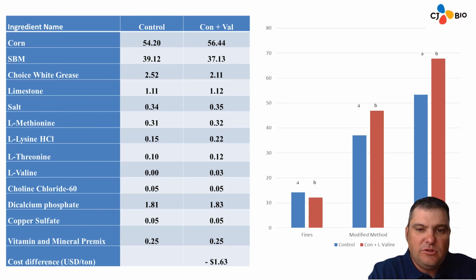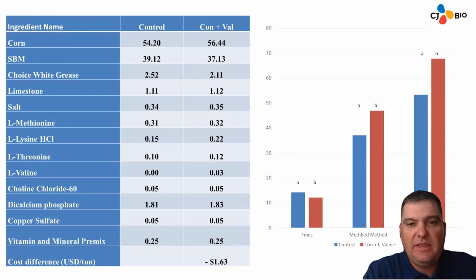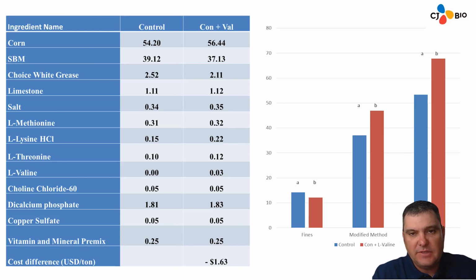We see an inclusion rate of 0.6 pound per ton of feed, which allowed for a reduction in soybean meal of 2%. And as we mentioned earlier with the graph, we would expect that 2% to show up in cereal grains, which we do see, a 2% increase in the amount of corn. The additional energy from that corn reduces the amount of choice white grease necessary to meet the energy requirement of these birds.